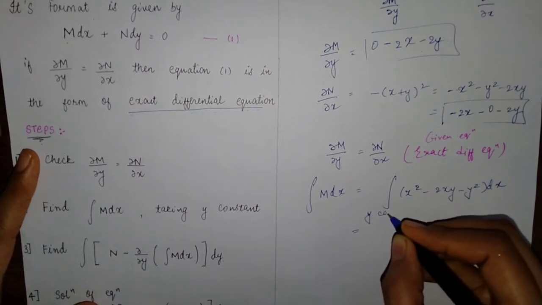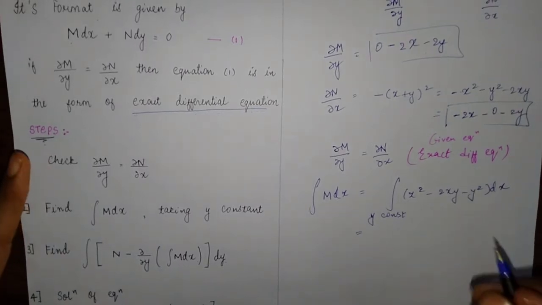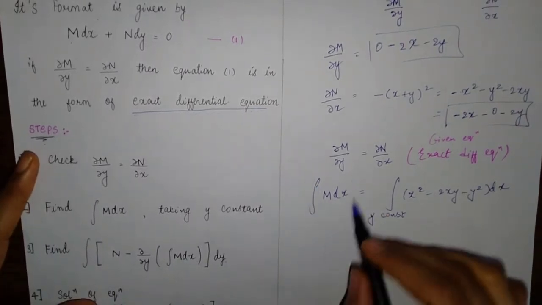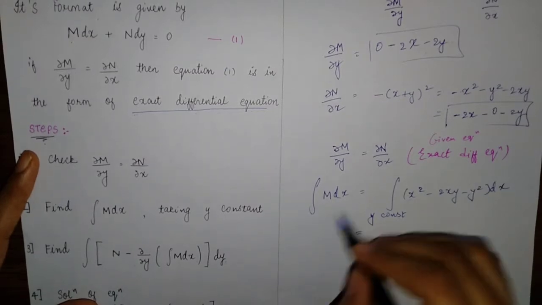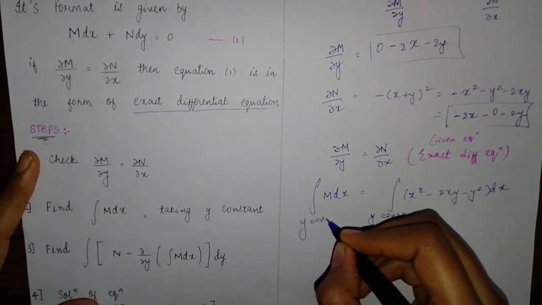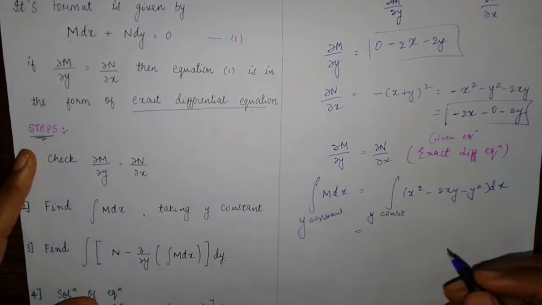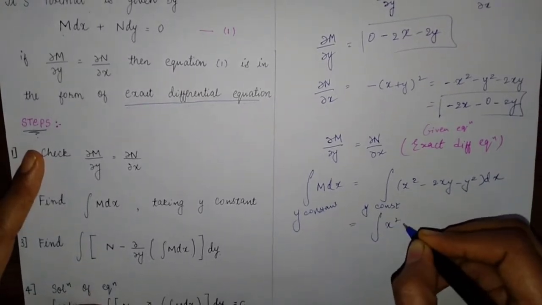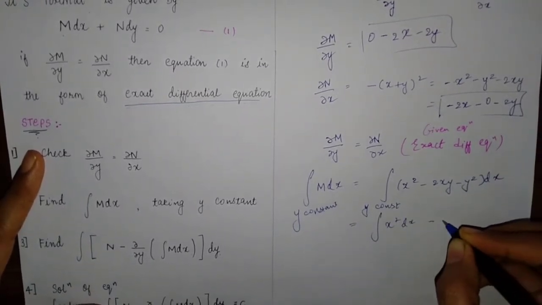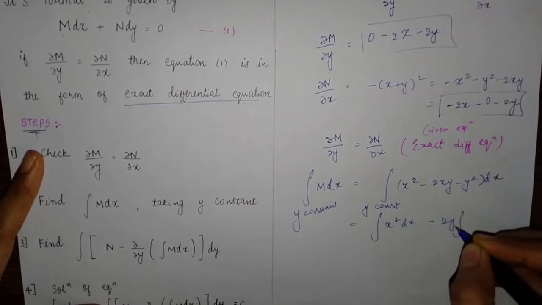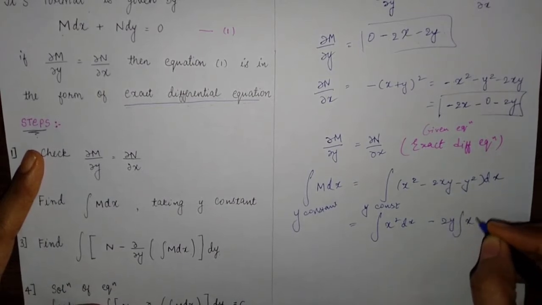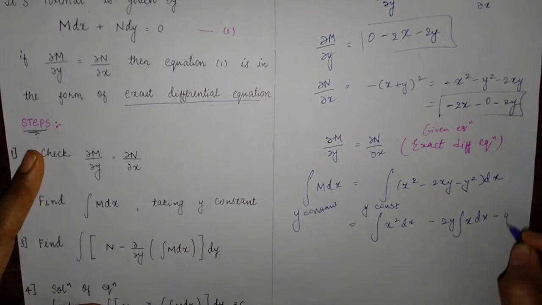Keeping y constant. You always have to remember that while integrating M dx you have to keep y constant. So integral x square dx minus 2y, since y is constant it will come outside, x dx, minus again y square is also constant, dx.